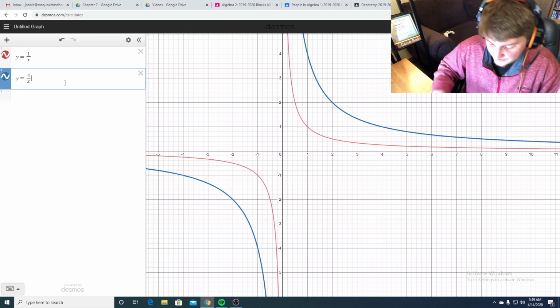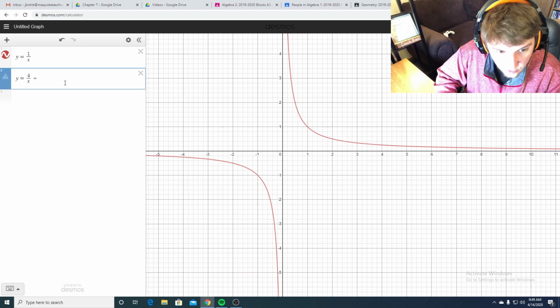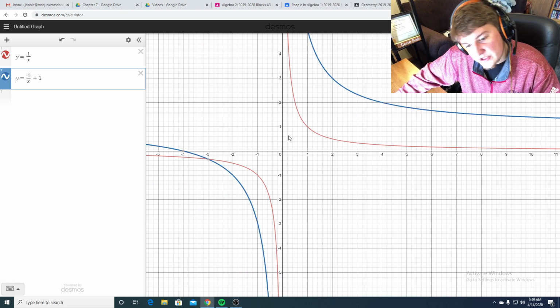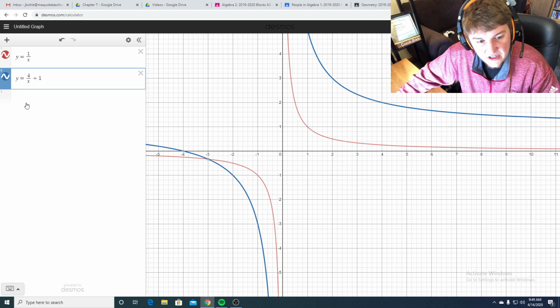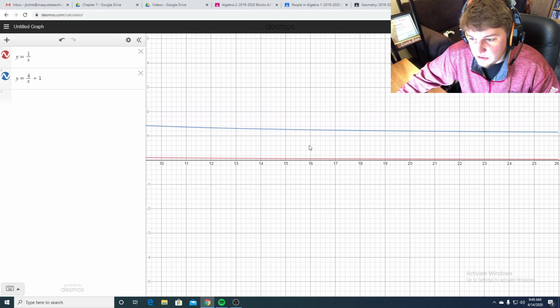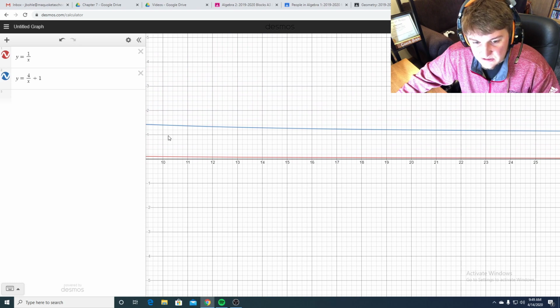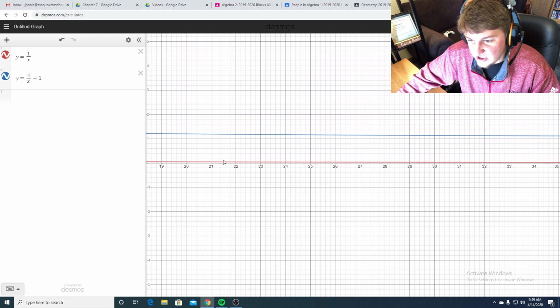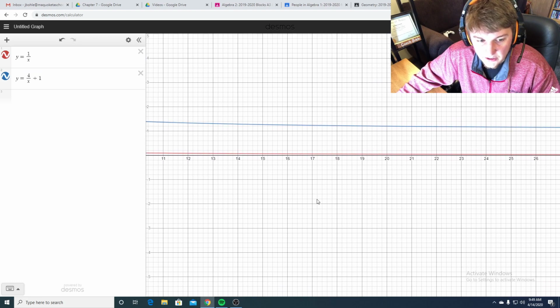What if I do something like this? Let's go plus 1. Okay, so what this is going to do is move that horizontal asymptote up 1 unit. So now instead of approaching y is 0, it's going to be approaching y is 1. We can see this is my 1 value here, and I'm just going to be getting closer to it. It just moves it up 1.